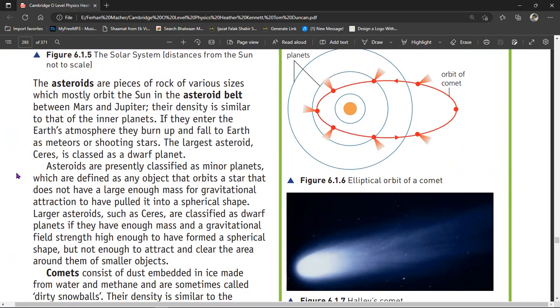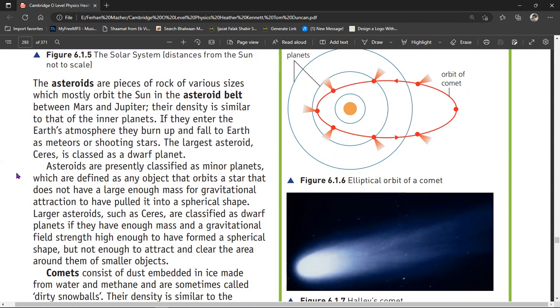If they enter the Earth's atmosphere, they burn up and fall to Earth as meteors or shooting stars. The largest asteroid, Ceres, is classed as a dwarf planet. Asteroids are presently classified as minor planets, which are defined as any object that orbits a star that does not have a large enough mass for gravitational attraction to have pulled it into a spherical shape.